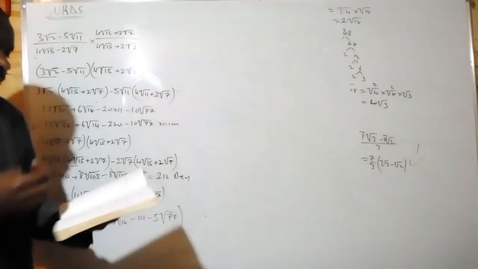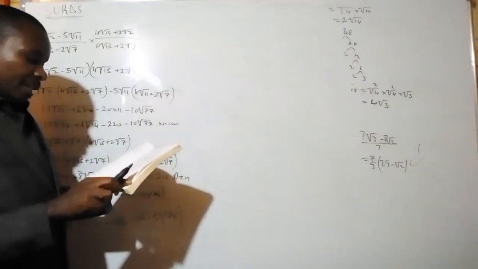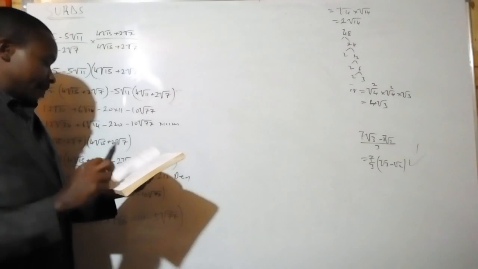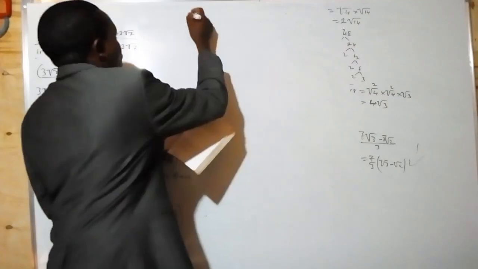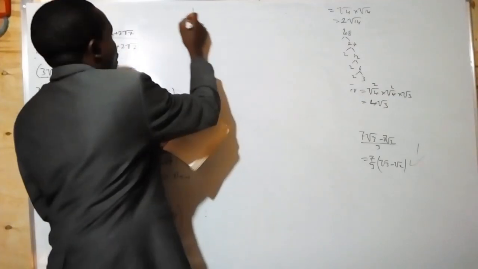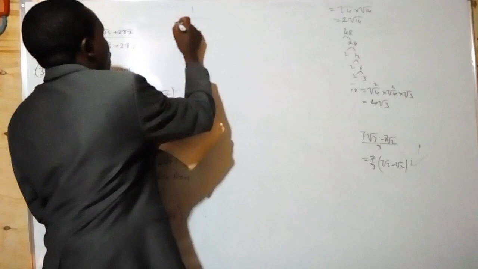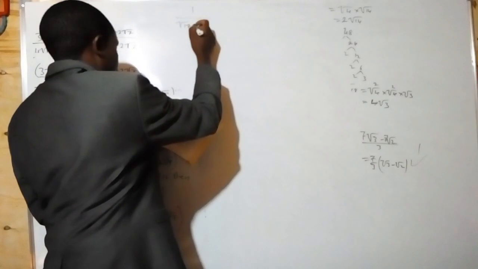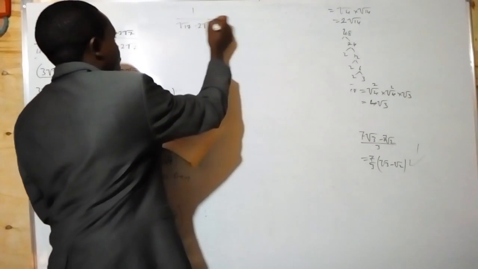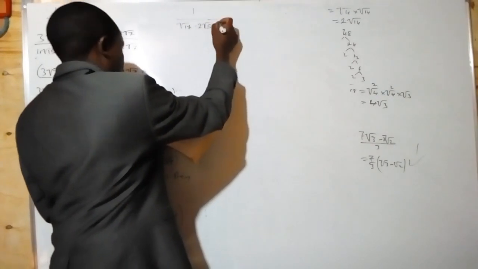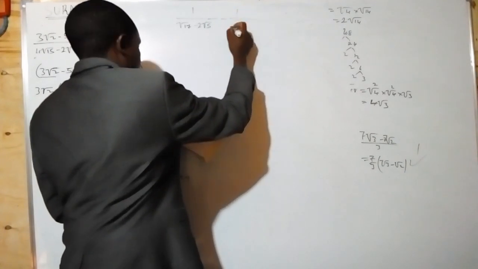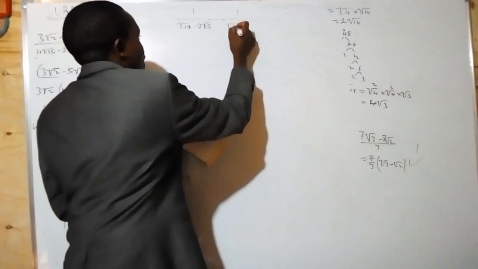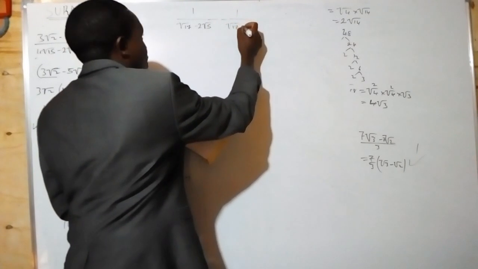You are given, let's have this 1 all over root 17 minus 2 root 5 minus 1 over root 17 plus 2 root 5.